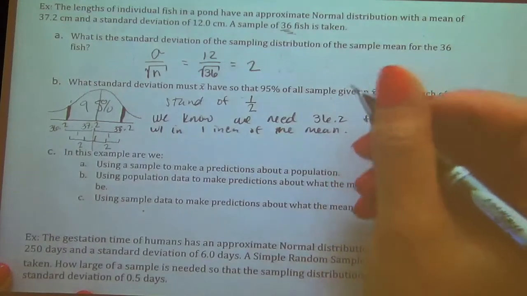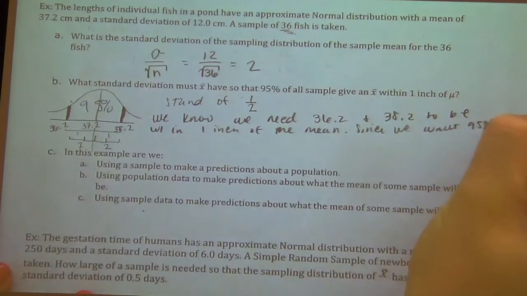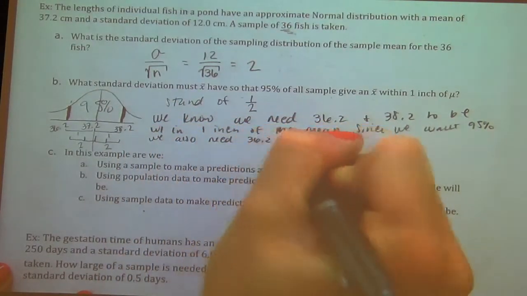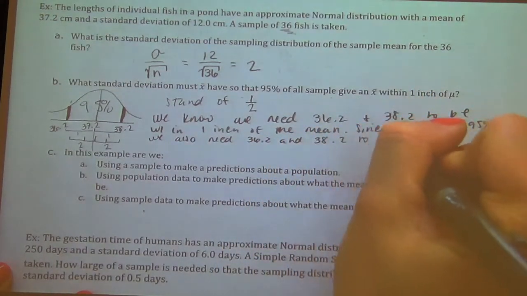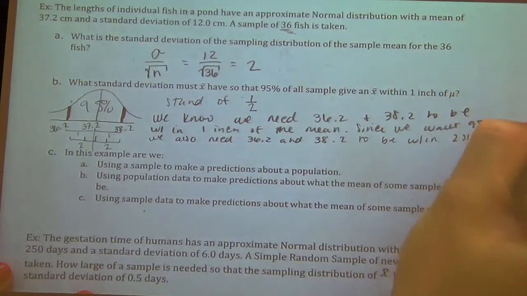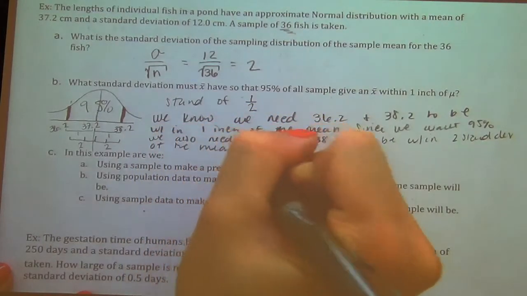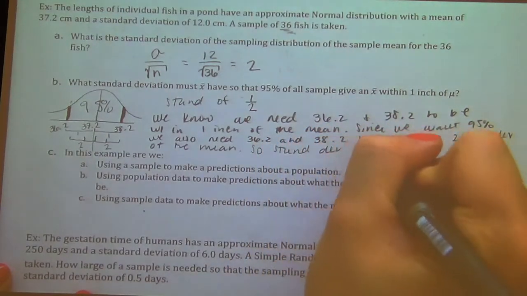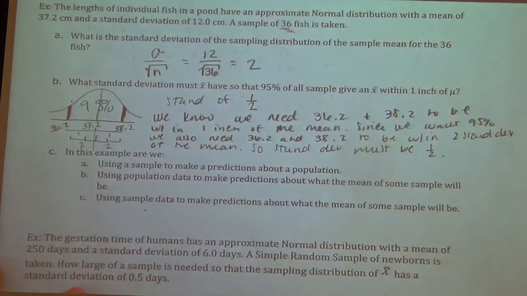Since we want 95%, we also need 36.2 and 38.2 to be within 2 standard deviations of the mean. Okay, so that standard deviation must be 1/2. So 1 standard deviation must be 1/2.